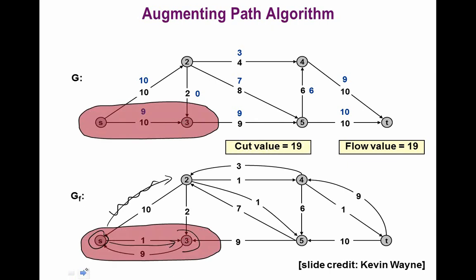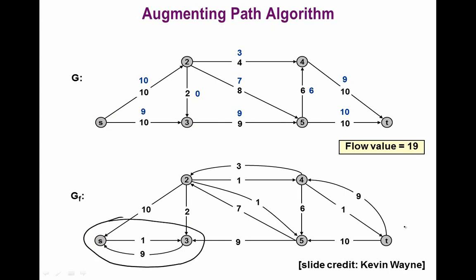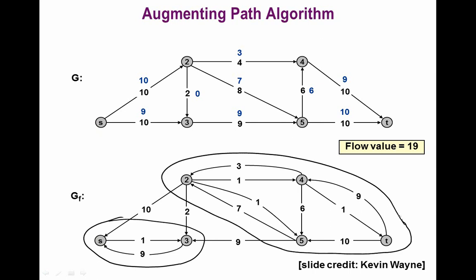And furthermore, we have at the same time obtained a cut, namely in terms of all the nodes that in the residual graph, let's go back to the residual graph, can be reached from the source or from the sink.